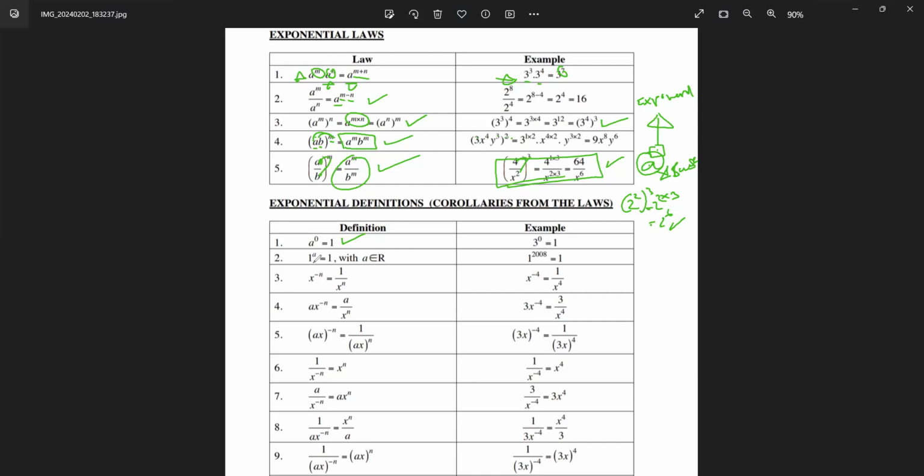So if we have 1 to the exponent of a, we get also 1 for all elements of the real numbers. This is what is being said. For example, 1 to the exponent of 0.2008 will be equal to 1.